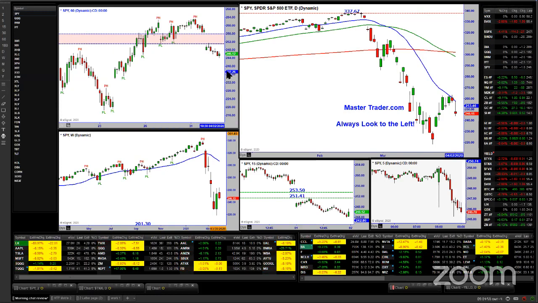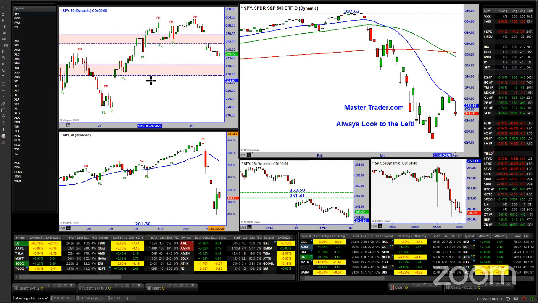I guess maybe 240, the whole number, stops it, but this low area, let's use this here, maybe something like that would be the downside for today, to be looking for a support area. And we'll look at the futures, but we'll see if it gets down there.